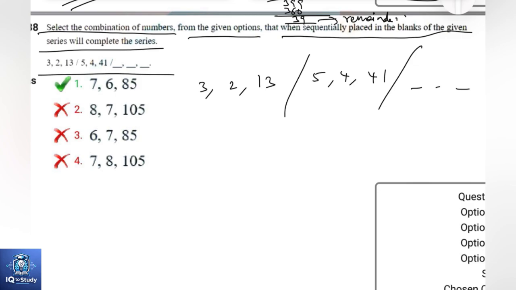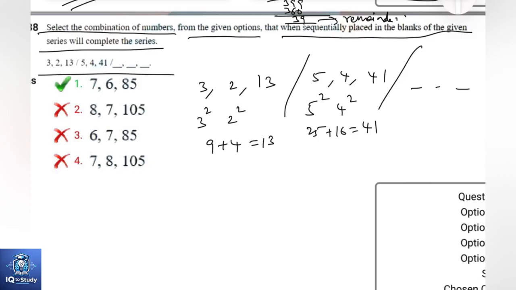Let's observe the logic here. Let's take 3 square and 2 square, which is 9 plus 4, that is equal to 13. And here 5 square plus 4 square, which means 25 plus 16, which is equal to 41.